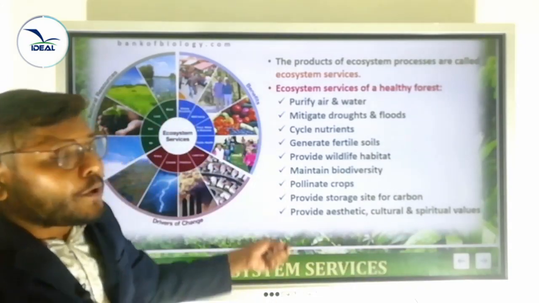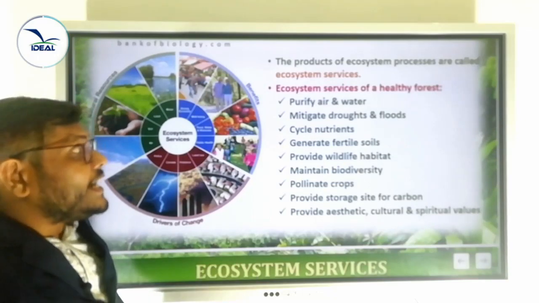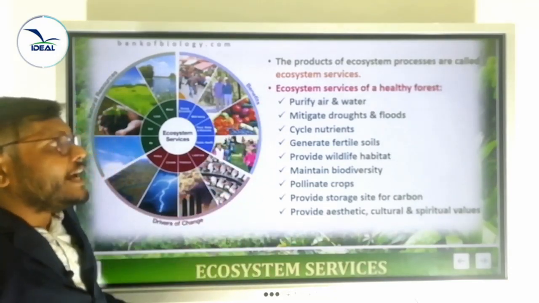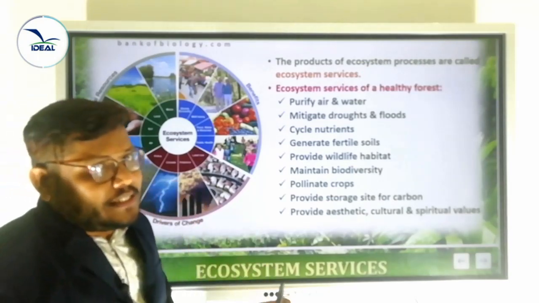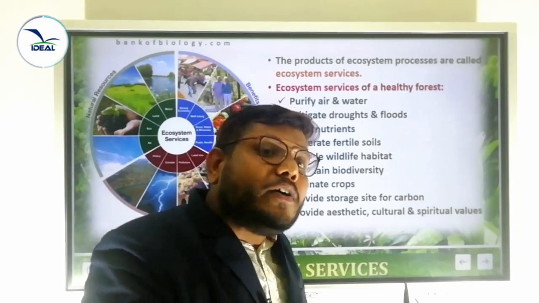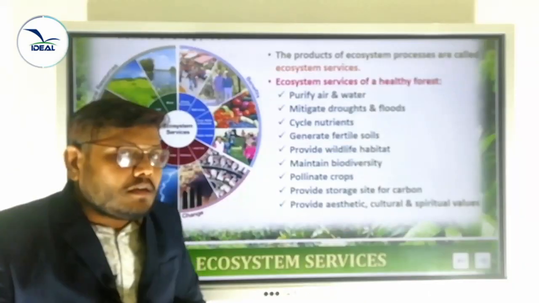These are all provided from where? Forest. So we can say that these are the products of ecosystem processes, called ecosystem services. Simply, the products we obtain from the ecosystem are called ecosystem services.